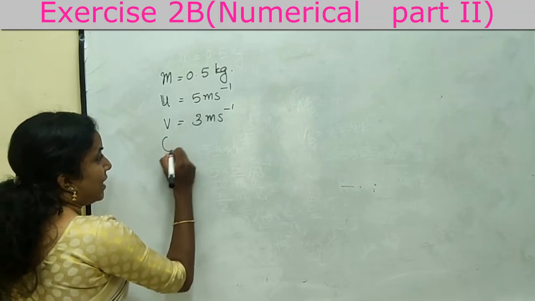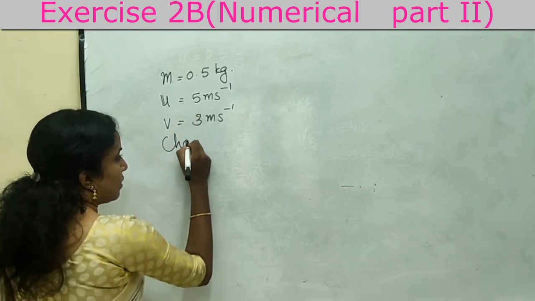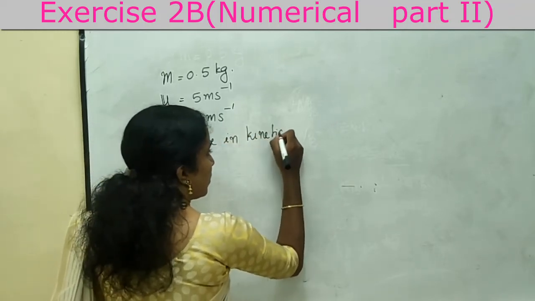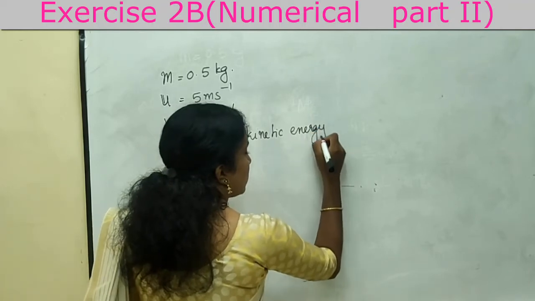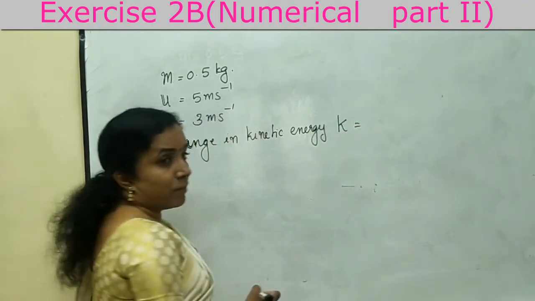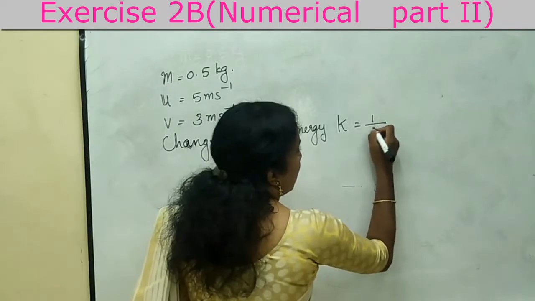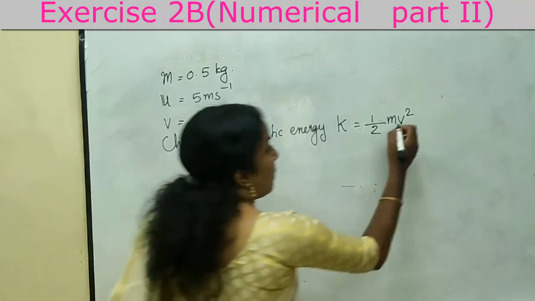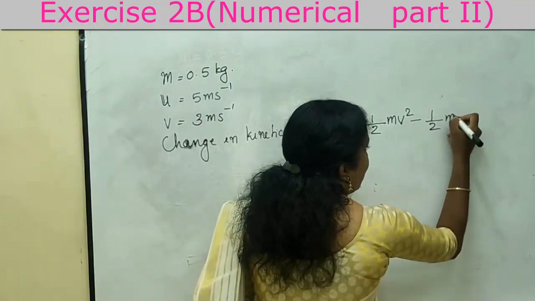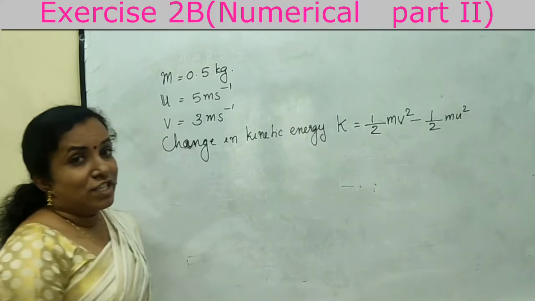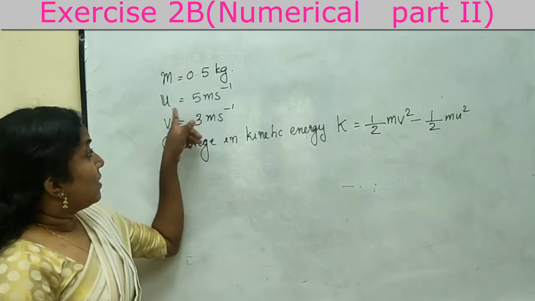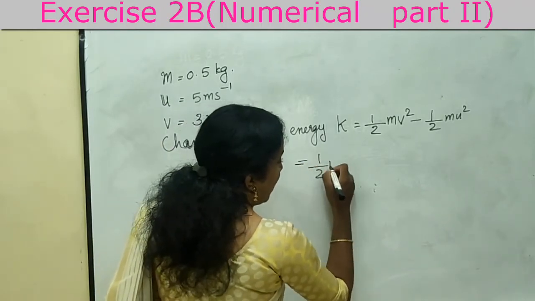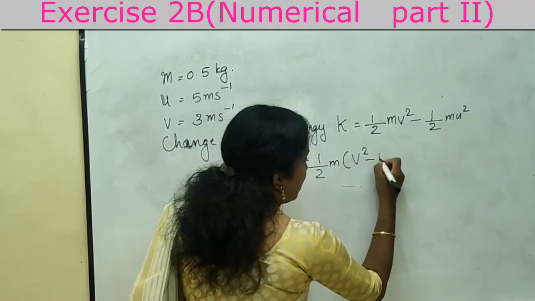The change in kinetic energy, delta K, is equal to half mv square, that is the final kinetic energy, minus half mu square, that is the initial kinetic energy, since the initial velocity is u. So we can write it as half m into v square minus u square.